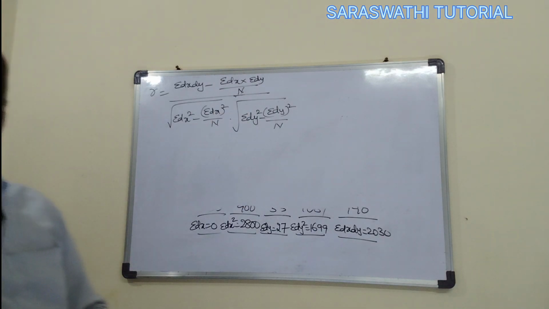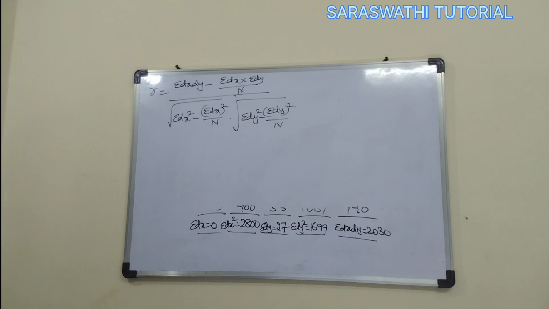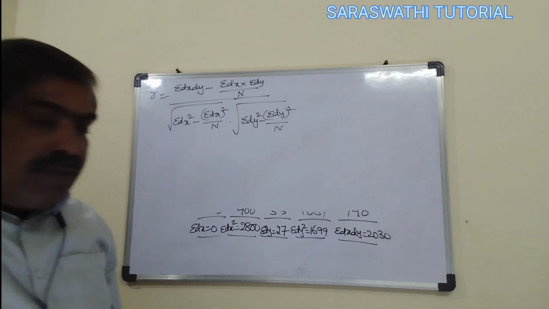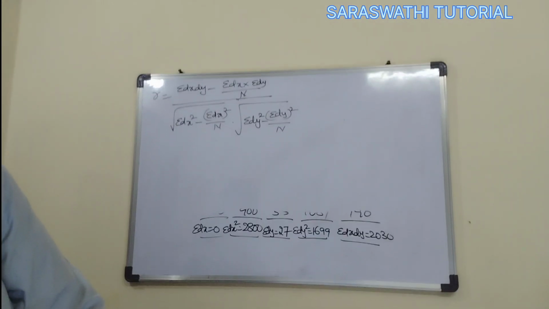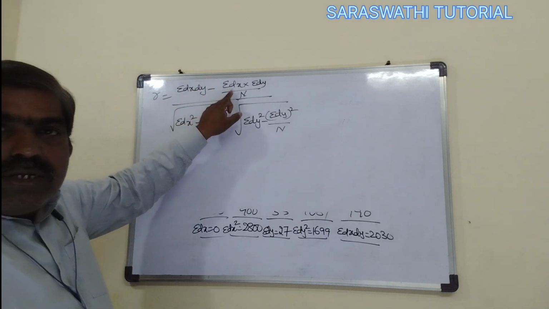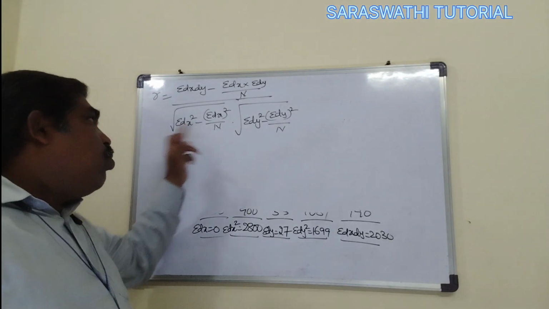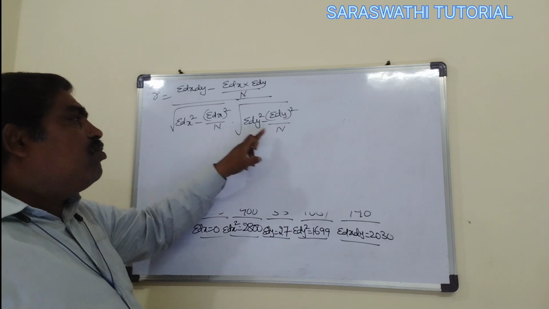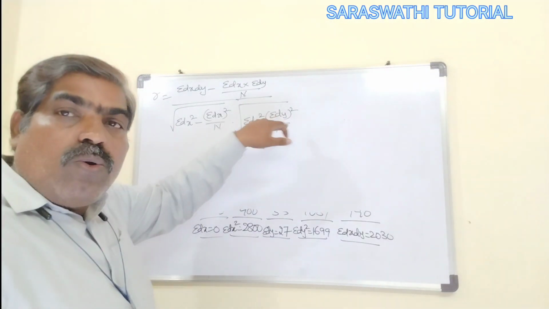Based on this formula, from that information we have to calculate the value of the correlation. So how are we calculating? Substitute summation dx dy minus summation dx into summation dy by n, whole divided by under root summation dx square minus summation dx whole square by n, into under root summation dy square minus summation dy whole square by n.